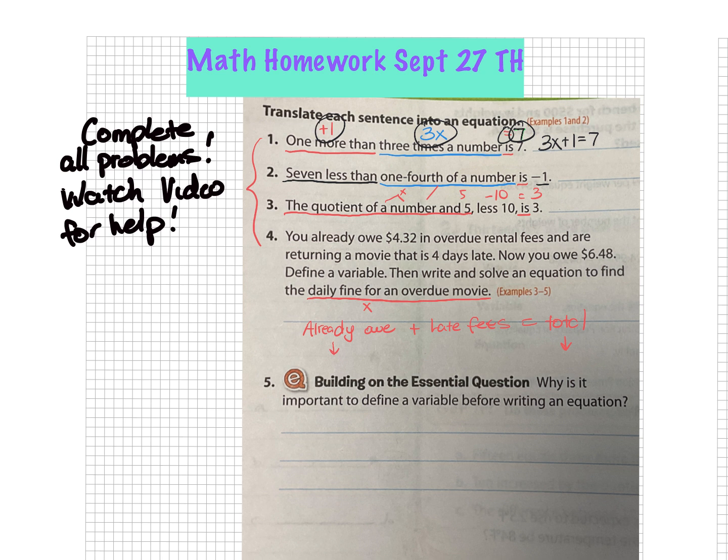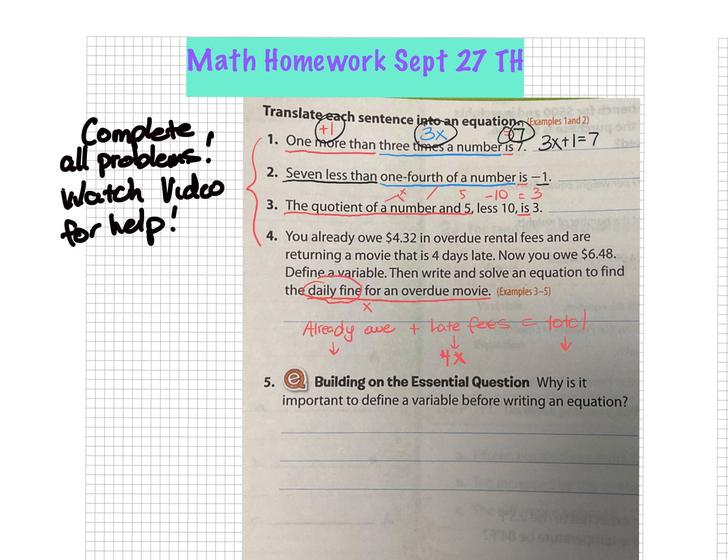So, you were 4 days late for late fees. That's the only thing that's going to be tough, figuring out late fees. Well, you were late 4 days. So you have 4 times whatever you cost per day, and that's what x was, our daily fine.